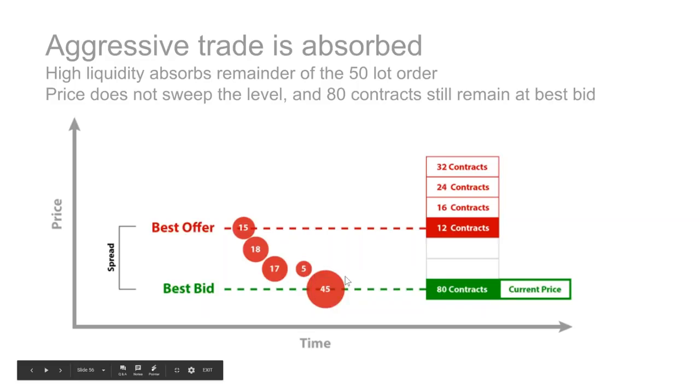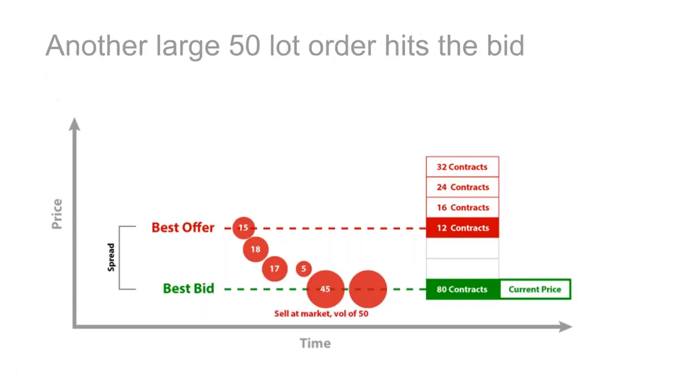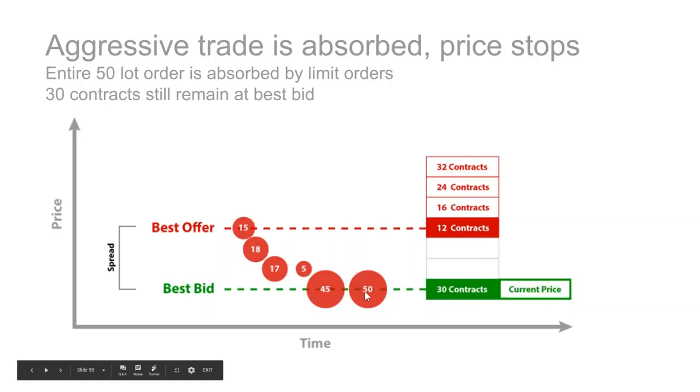They absorbed all of those 45 from that 50 lot. Okay, they hit it again here. Market sell with a volume of 50. What unfolds? Hitting the bid, we have 80 contracts here. Okay, 50 of them trade, and now there are 30 left. They absorbed all of that order at one price level.